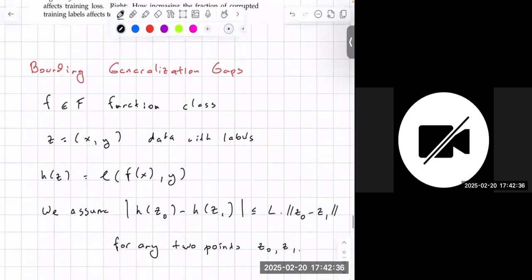Okay, now can we say anything at all? Can we bound the generalization gap? So this is kind of the heart of what's called statistical learning theory. Okay, don't read what I wrote there, I'll get there. People were thinking about this already in the 70s and 80s.